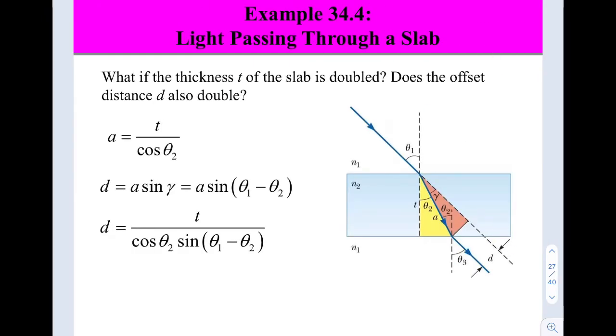Okay, what if the thickness T of the slab is doubled? Does the offset distance D also double? Okay, so what we are going to do is, cos theta 2 is equivalent to T over A. Alright, thickness over A. So from here, A is equivalent to T over cos theta 2.